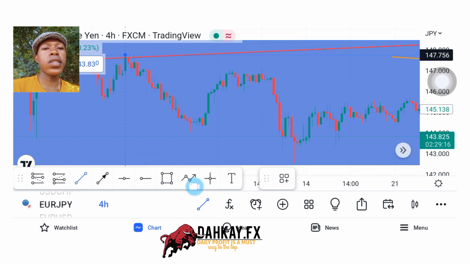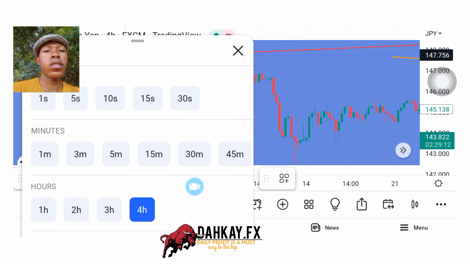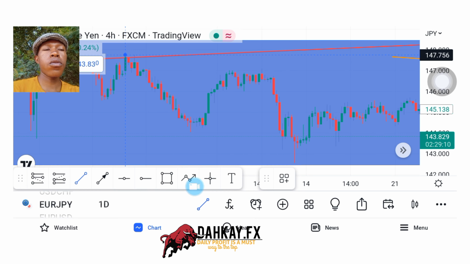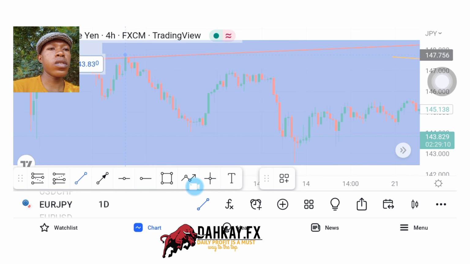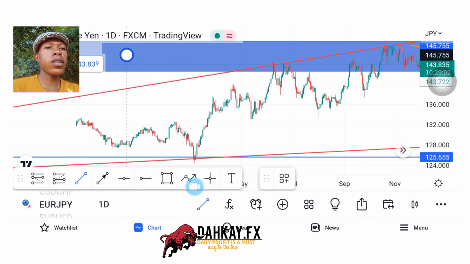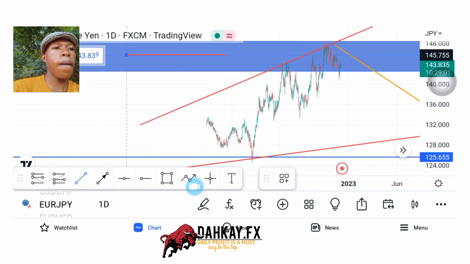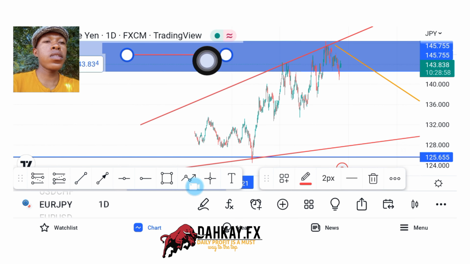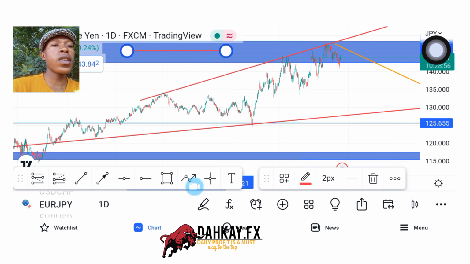And the third confirmation is the candlestick pattern, guys. We have these candlesticks here, so that's our third confirmation.